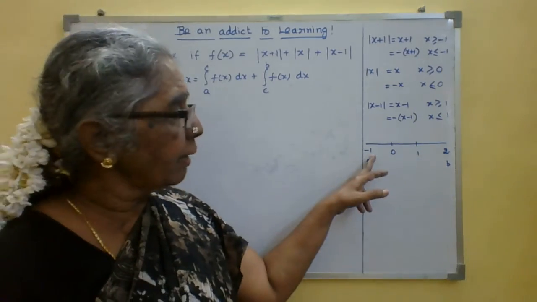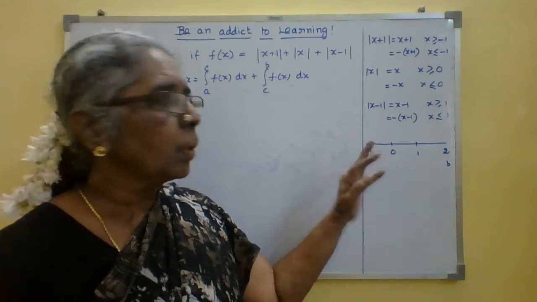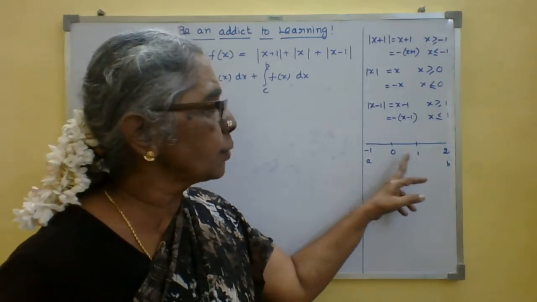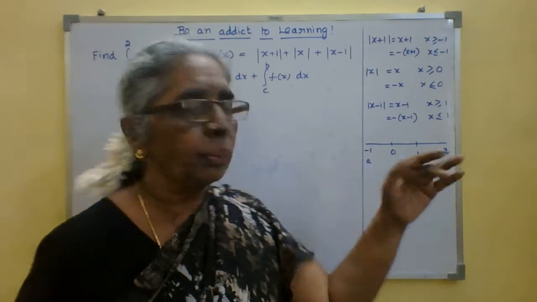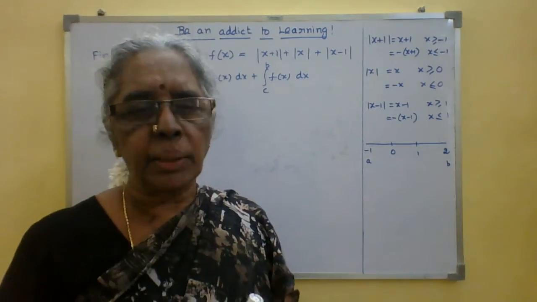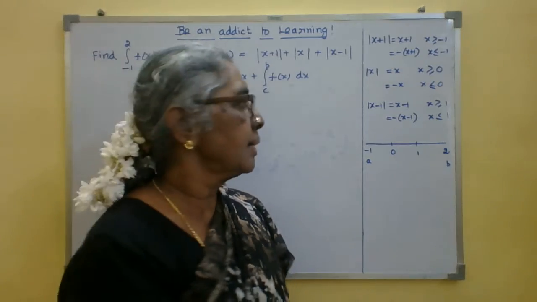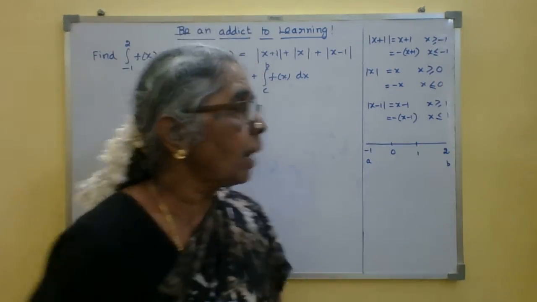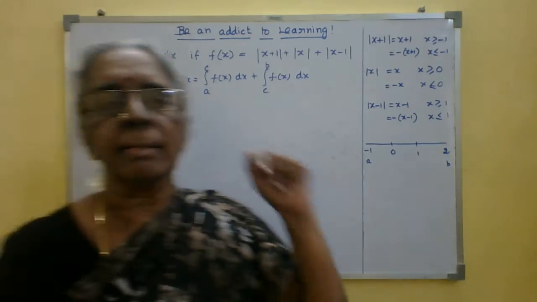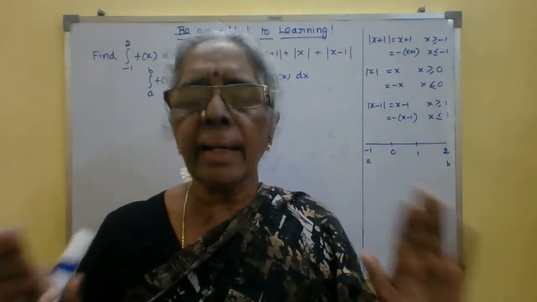The minus 1 already coincides with the a. So I have now two different values, that is 0 and 1. So the minus 1 to 2 interval has been divided into three sub-intervals, that is minus 1 to 0, 0 to 1, 1 to 2. So actually here instead of two integrals, now I will be getting three integrals.